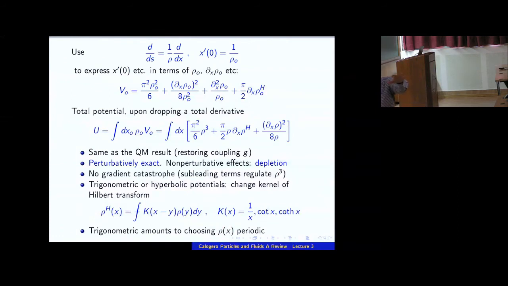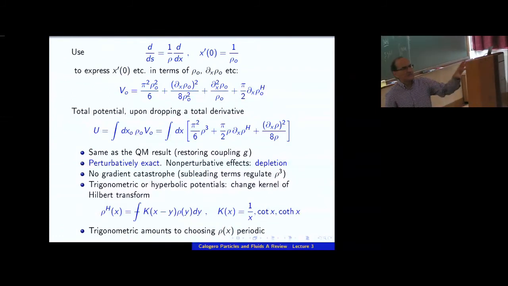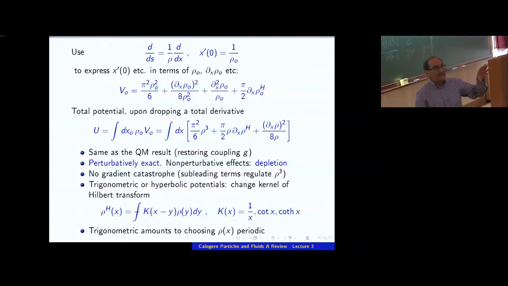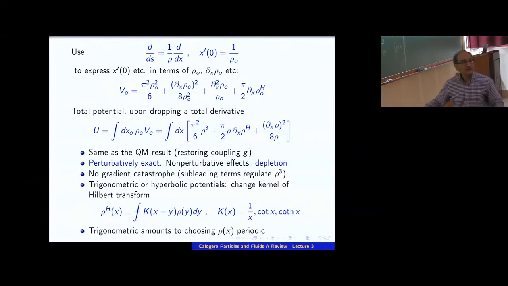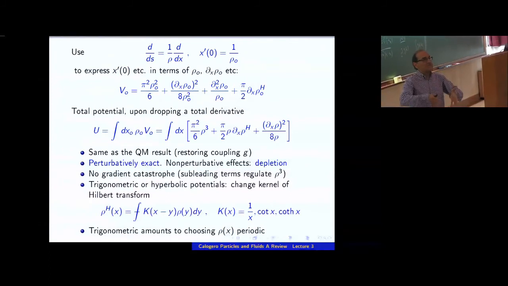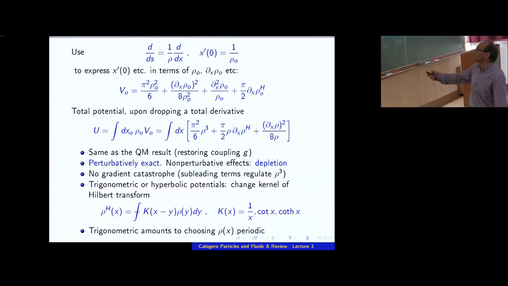Let me expand on what Sasha said. If you take just ordinary quantum mechanics and you say, I don't like my wave function, I would prefer to have the modulus and the phase of the wave function as arguments, then you rewrite your Schrödinger equation, and this term appears here. This rho is actually the modulus of the wave function. And when you turn that into a field theory, the absolute value of the wave function squared becomes the density of particles. So it's a very natural term.